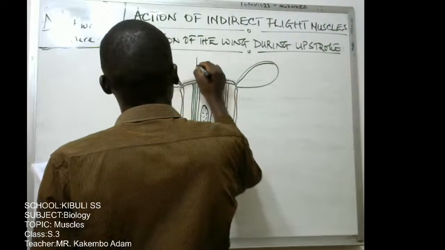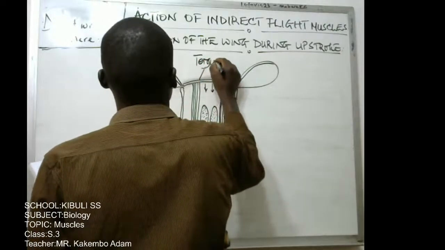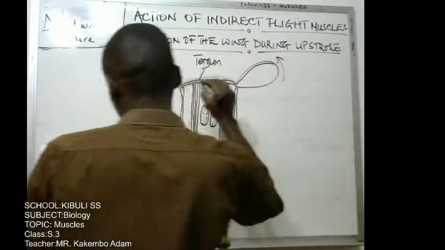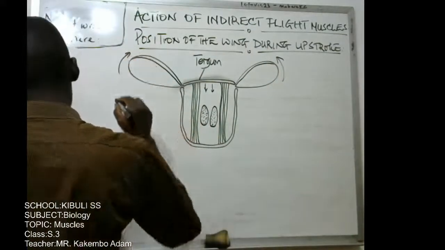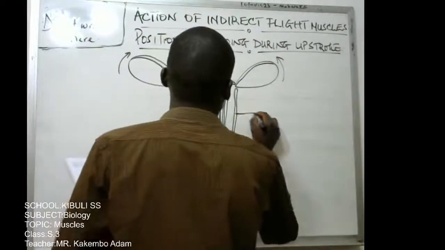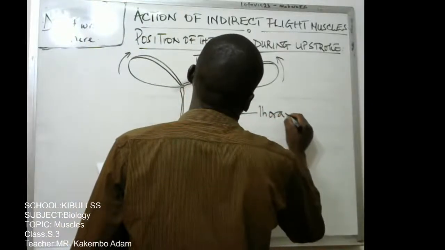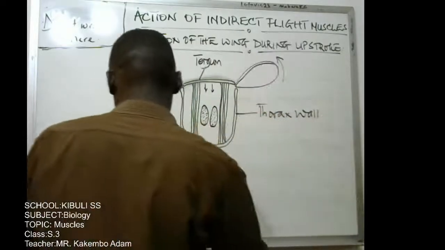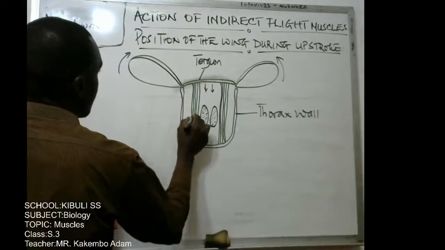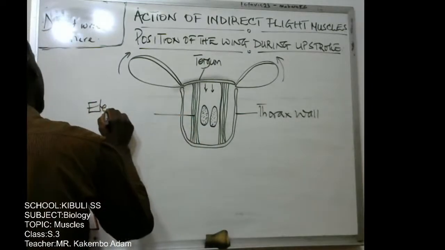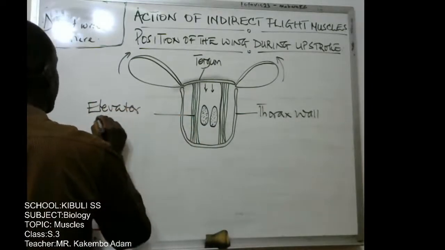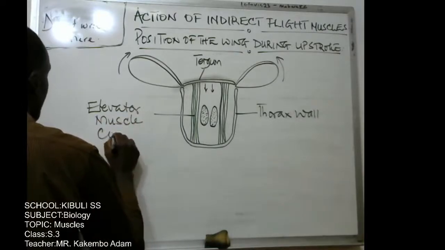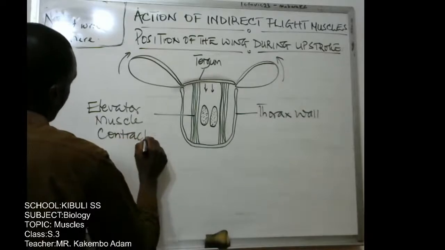So we have the tergum, which we can refer to as the roof of the thorax. Then we have the wall of the thorax, the thoracic wall. So we have the elevator muscle in a state of contraction.